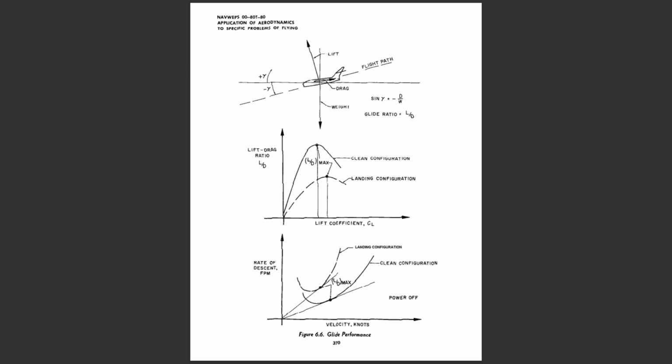In addition, the heavier airplane flying at the greater speed along the same flight path would develop a greater rate of descent. The relationship which exists between gross weight and velocity for a particular CL is as follows.